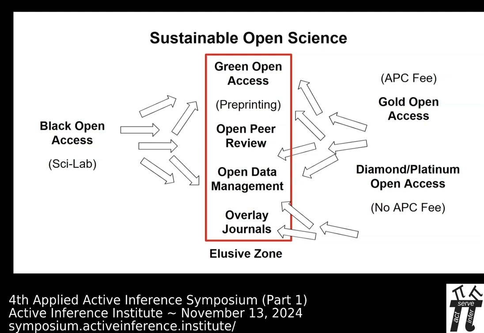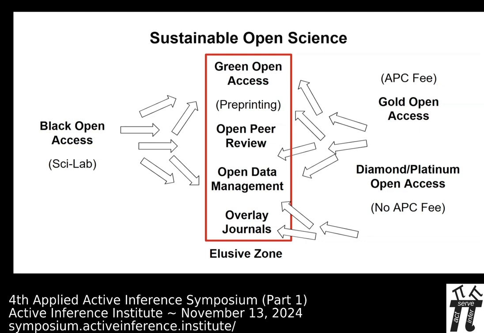Each of these types of open access are colored. Black just means it's related to under the table or piracy. One of the examples is Sci-Hub, where my position on piracy is that it's justified given the incentive structure in science.